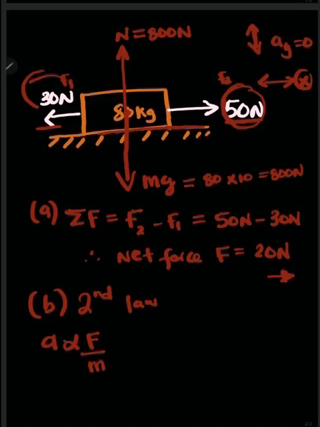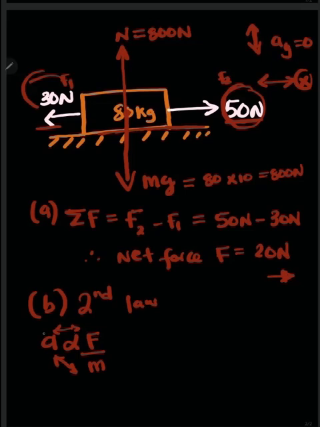So there's a direct relationship between acceleration and force, but an inverse relationship between acceleration and mass. Every time we increase the force, the acceleration also increases. This F is the net force, the resultant force.